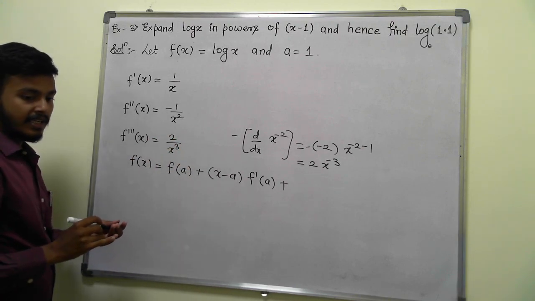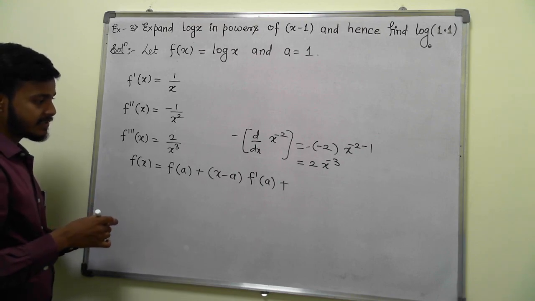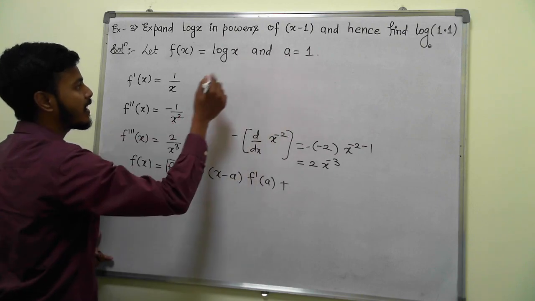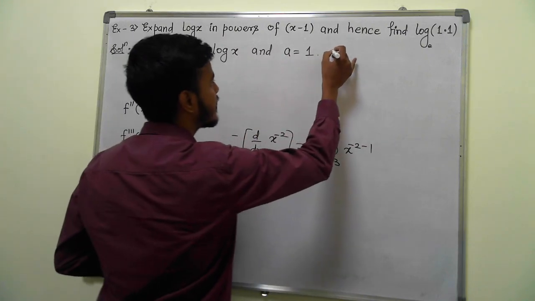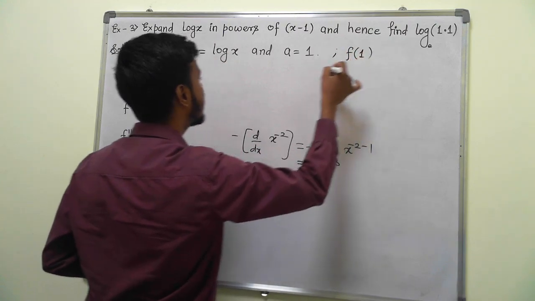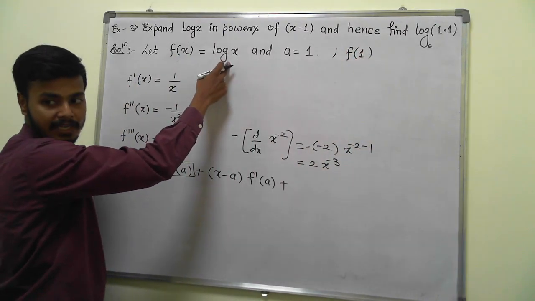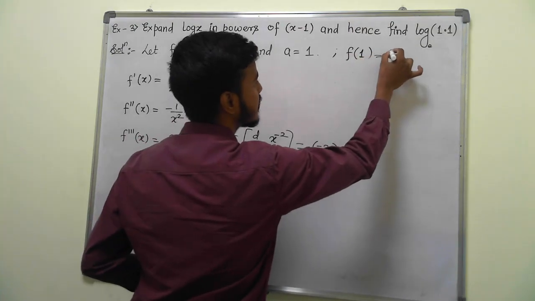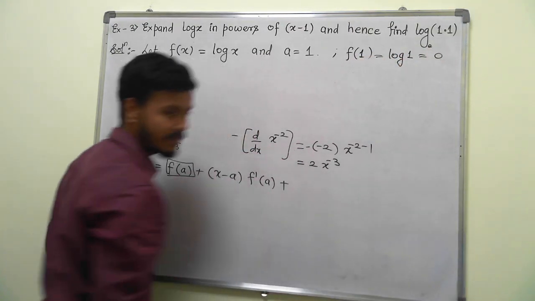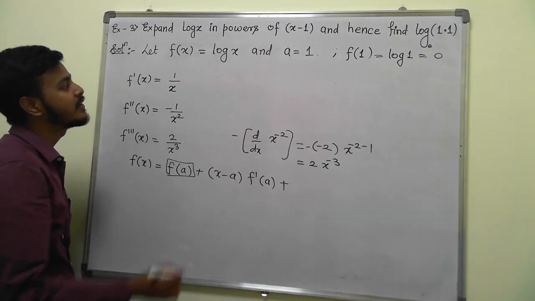Now after finding this, I need the value of f of a. What is a? It is 1, so I need the value of f of 1. f of x is log x, so f of 1 is log 1, and you know log 1 is 0. Lucky number 0.